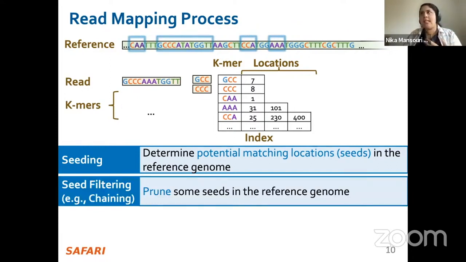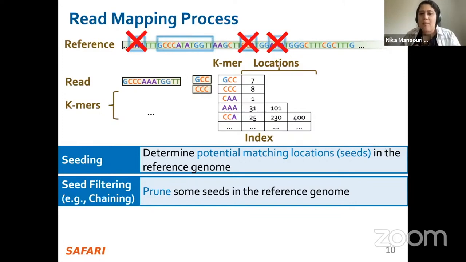For the next step, we want to see if we can prune some of these seeds. The next step is called seed filtering or chaining, which prunes the seeds in the reference to which the read would not align, using a simple approximation of the alignment score. We perform higher-level operations that are computationally cheaper, and then prune some of the seeds.